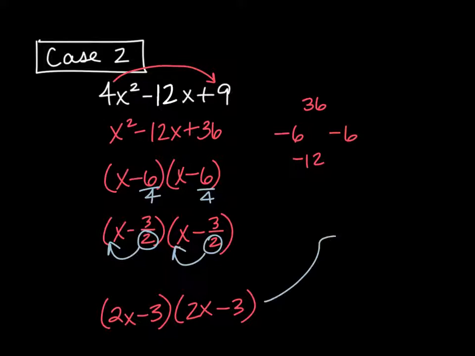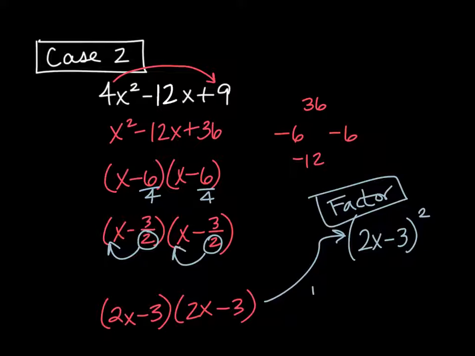So sometimes you may see the answer written as 2x minus 3 squared because it's the same thing twice, so that's for the factor. And then for the roots, this is going to come in important next week. For the roots, it's the same root twice, so that's going to be 3/2, 0, and 3/2, 0 again.